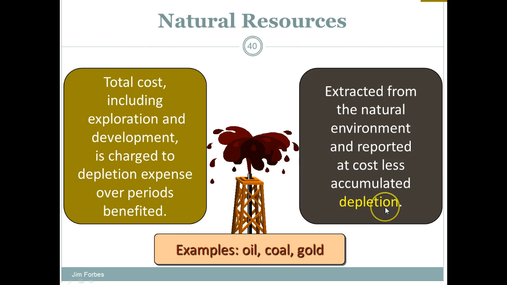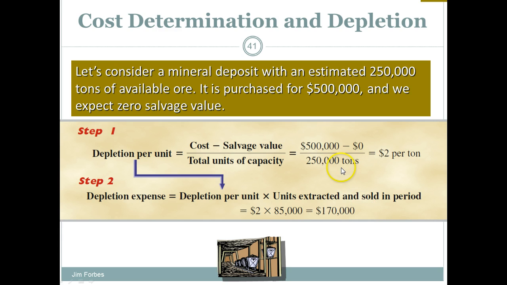Now, depletion and depreciation act very similar from an accounting standpoint, but the words are separated and are distinctive to the type of asset. And I am going to test that, so you need to be aware of that. The methods from an accounting perspective are the same. You take its cost minus its salvage value over some units that you're going to be depleting.